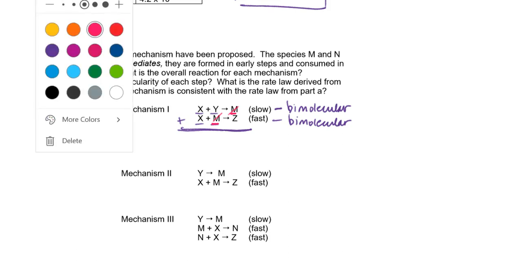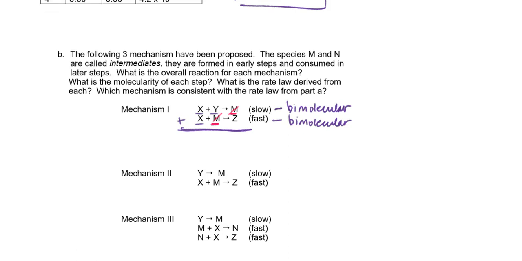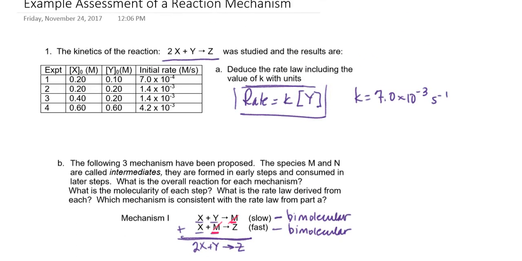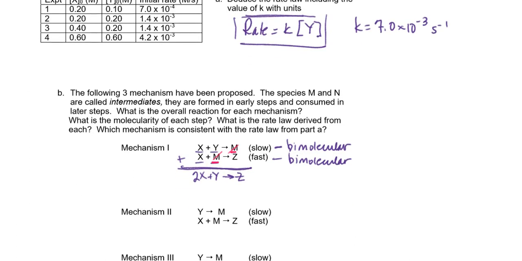And so that means that if I add vertically from here, I get 2X plus Y yields Z. So notice that that does match the overall reaction equation. However, the rate law for the slow or the rate determining step actually becomes the rate law for the overall reaction.